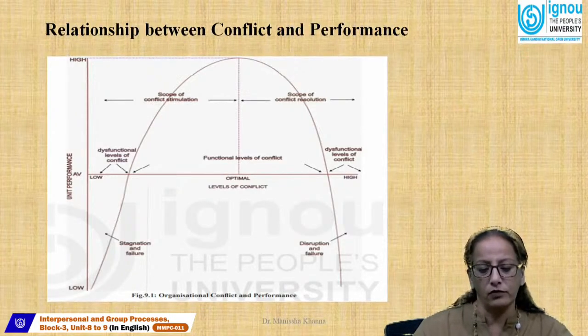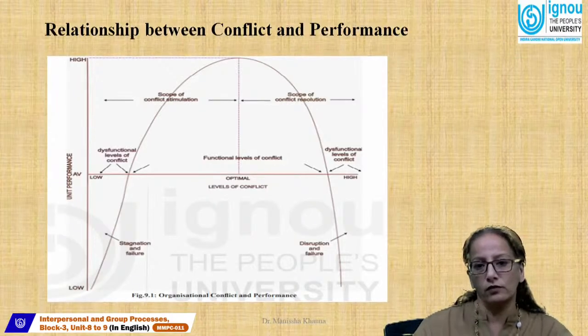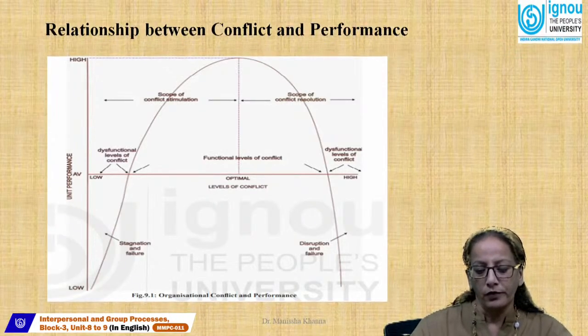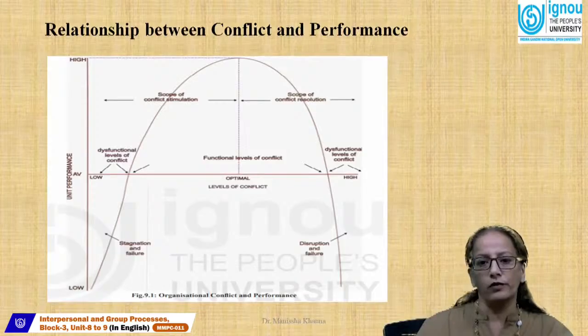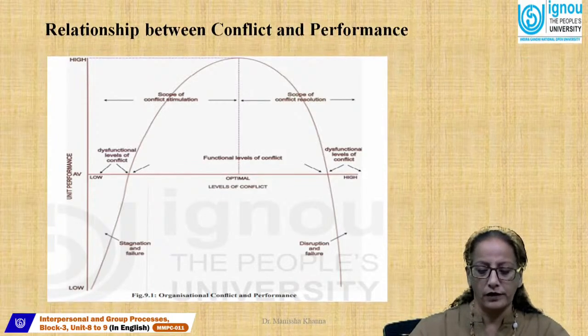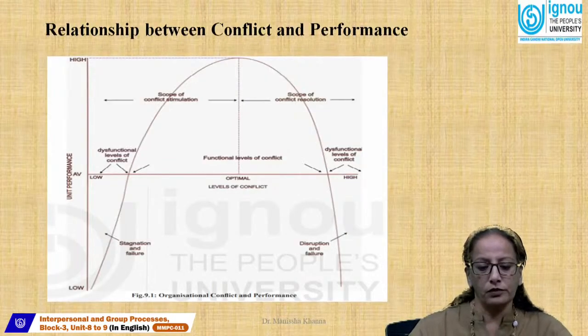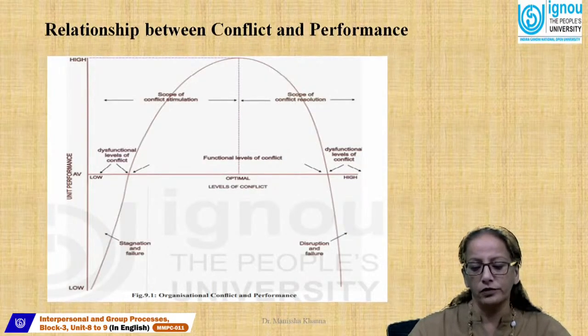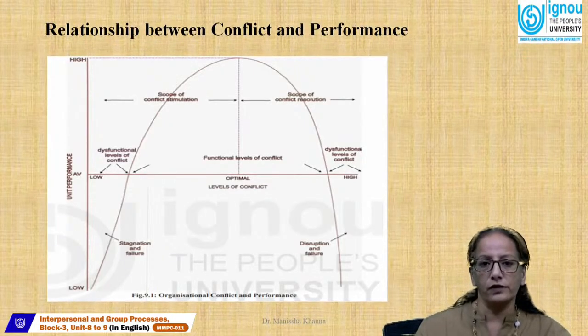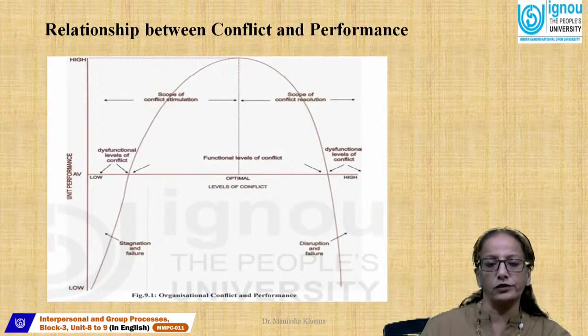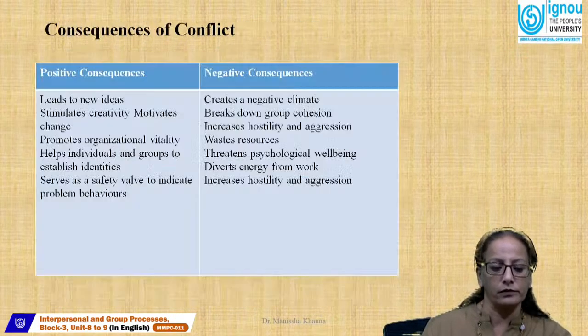At the optimal level of conflict, there is a functional level of conflict, whereas performance comes down when there is disruption and failure, moving toward dysfunctional levels. It is seen as a very important connection between conflict and performance.